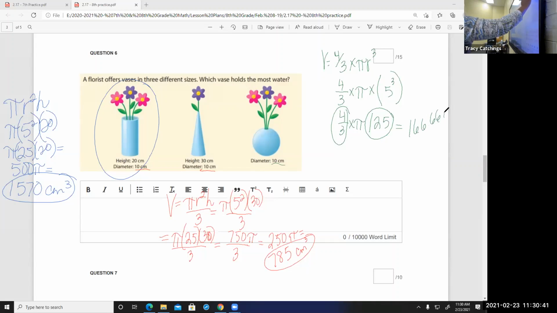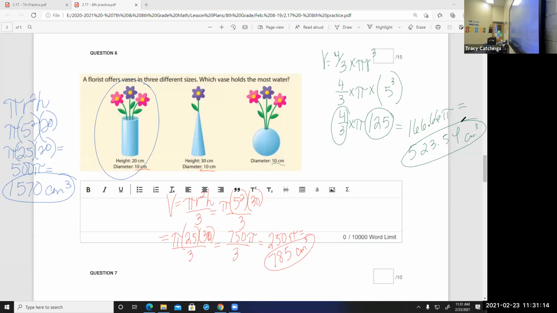That gives 166.66. Now just hit times and hit the pi symbol, and then hit enter.